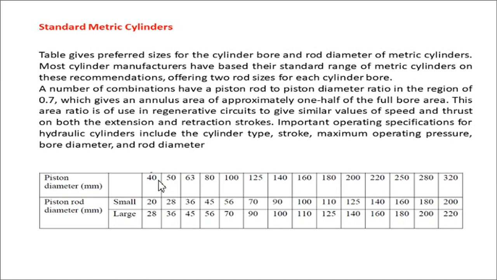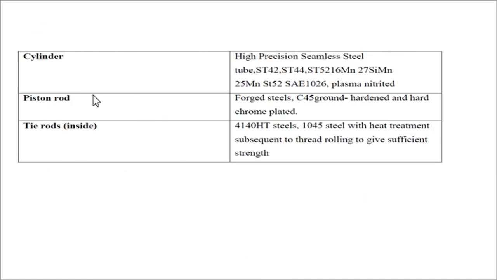For example, under a 40 mm piston diameter you have a small rod of 20 mm as well as 28 mm. Likewise there are different combinations available for metric cylinders. Usually for the cylinder you have high precision stainless steel as the material, for the piston rod forged C45 steel, and for the tie rod high carbon steel.